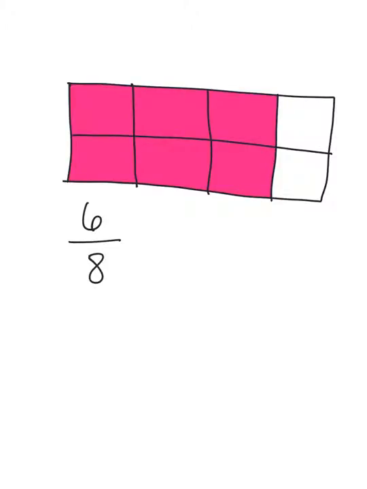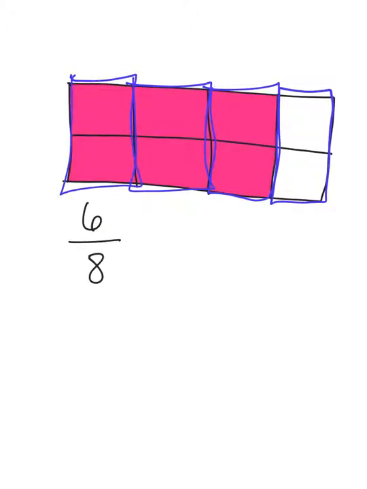Now if we want to cut this up to make a larger unit fraction, we notice that 1, 2, 3, and 4, and we have 2 pieces inside each one of those. So we're going to divide the top and the bottom by 2 to show our number sentence.